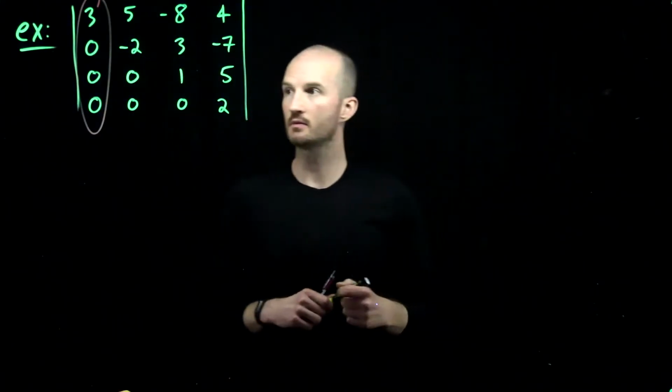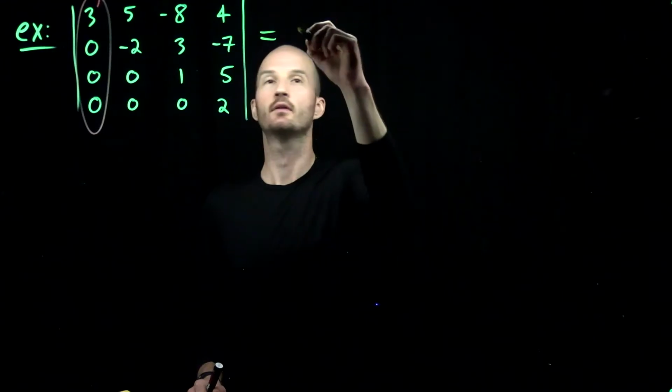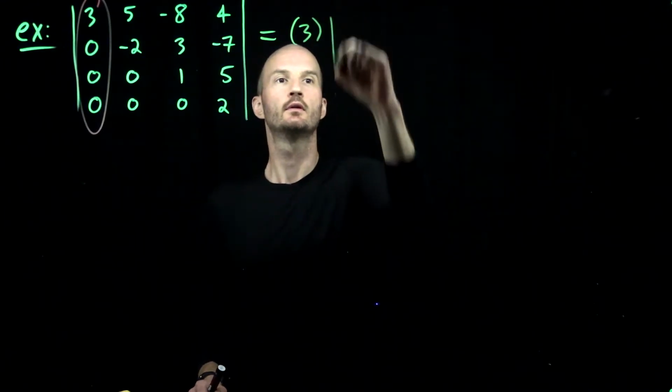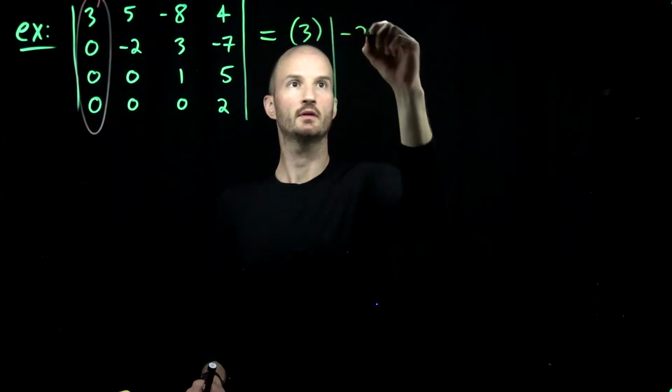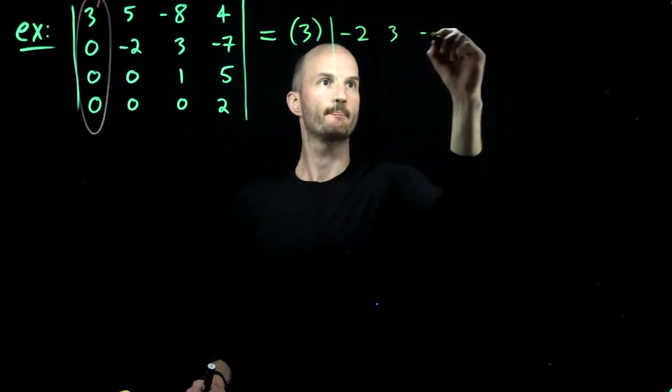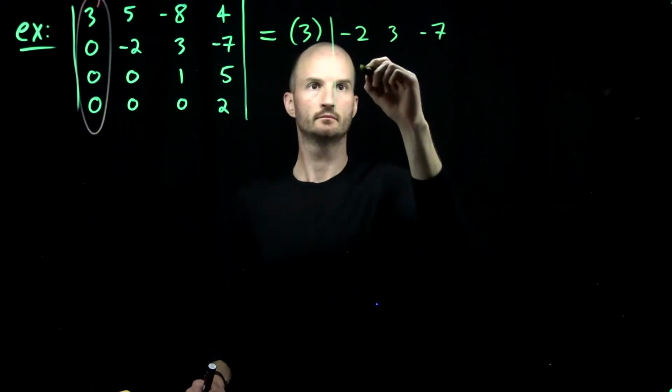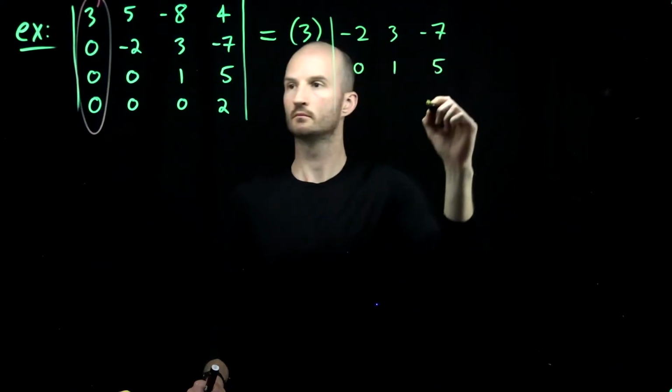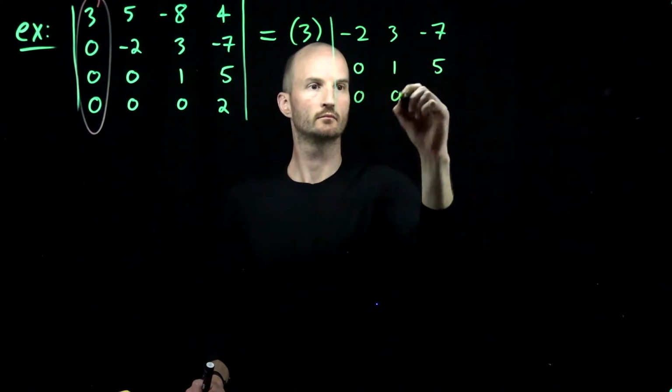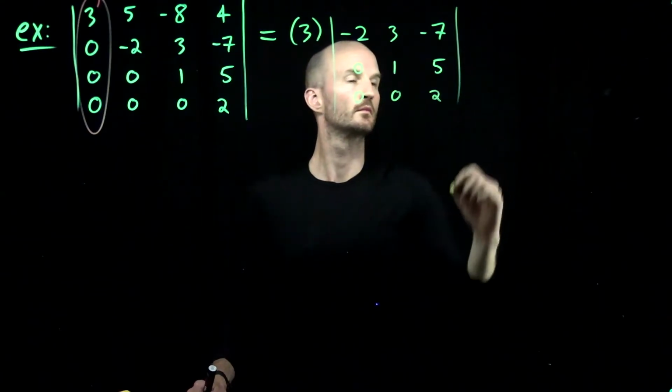Cofactor expansion down the first column, so I get 3 times the remaining determinant, and that's it.